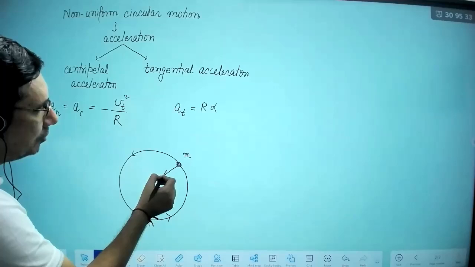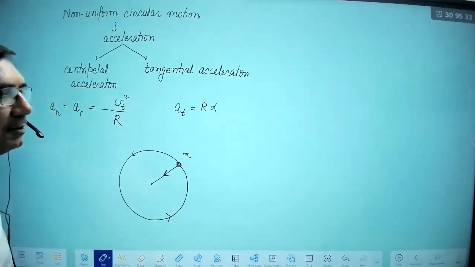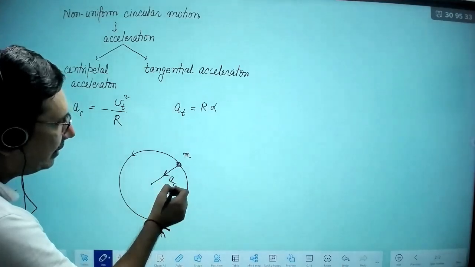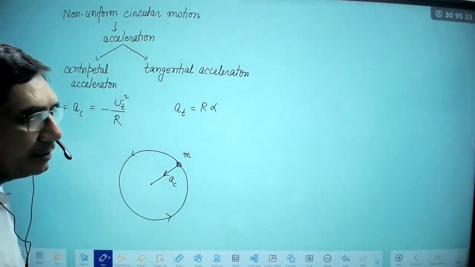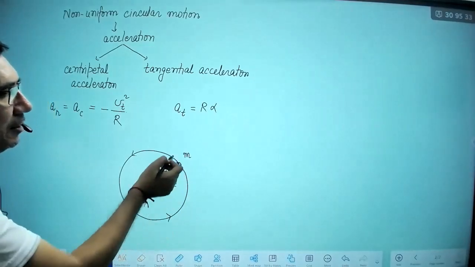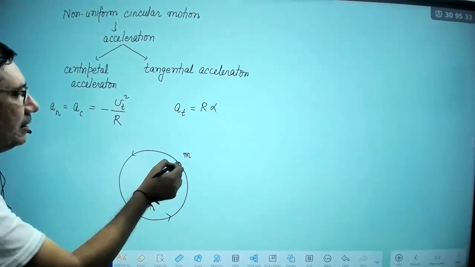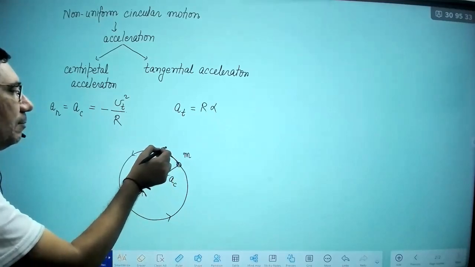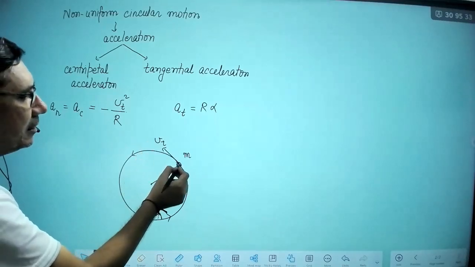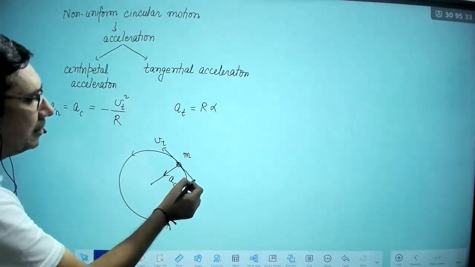Throughout its motion, one will be AC, that is acting. This is the acceleration. Now, if this is the upper part, here speed is going to decrease. Velocity here will be Vt. So this acceleration is going to act in this direction.